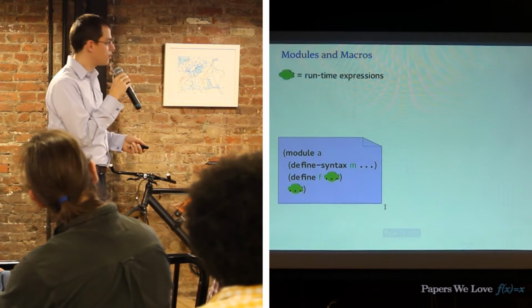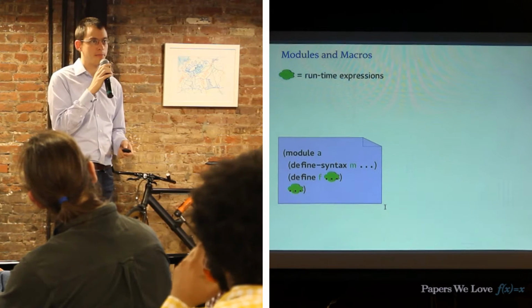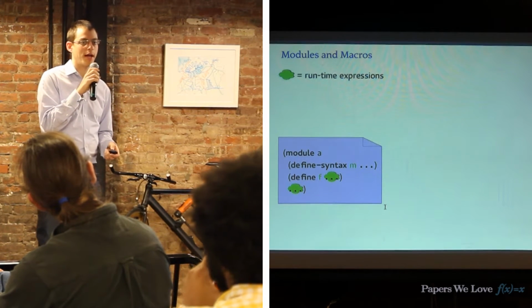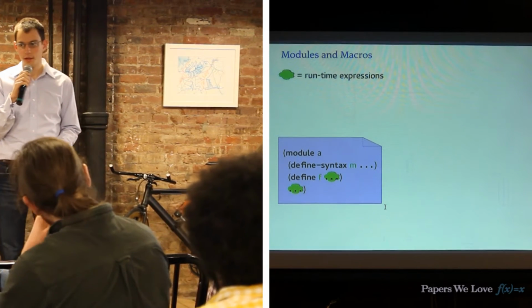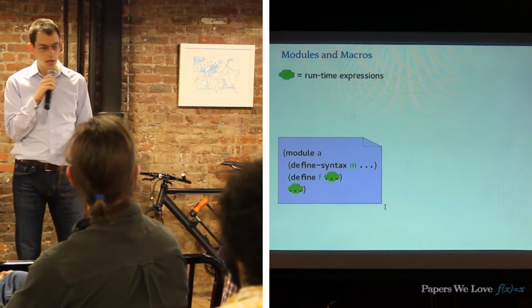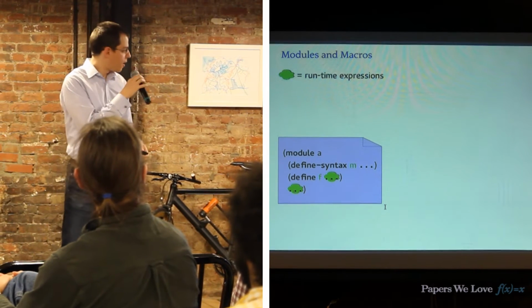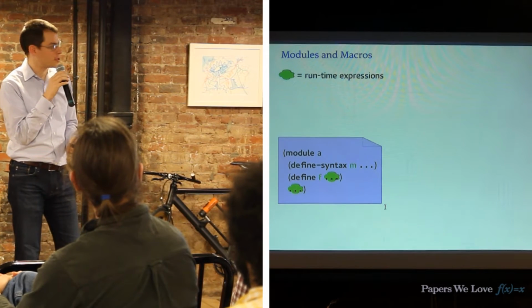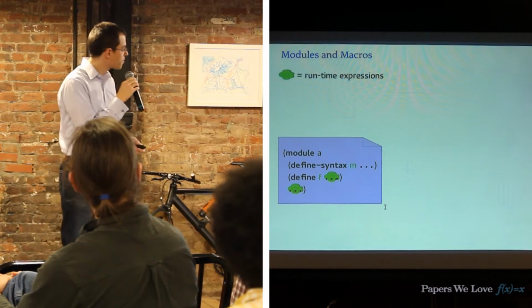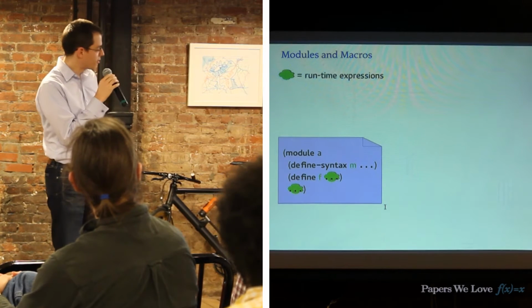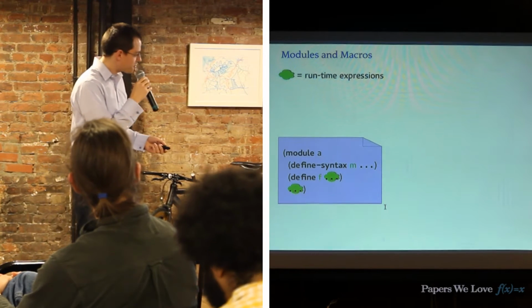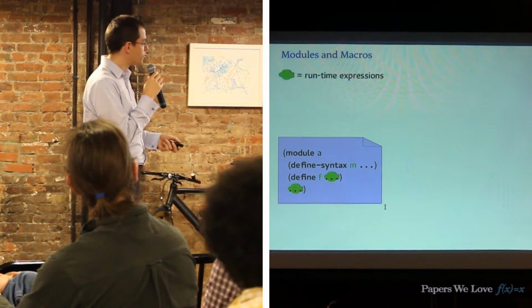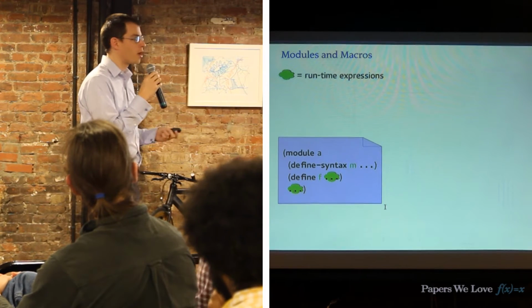And it's important to keep track of the different kinds of expressions that these definitions produce. So these green highlights, so clouds are another theme with slideshow presentations. There's a whole library of generating clouds. So these green clouds are runtime expressions.